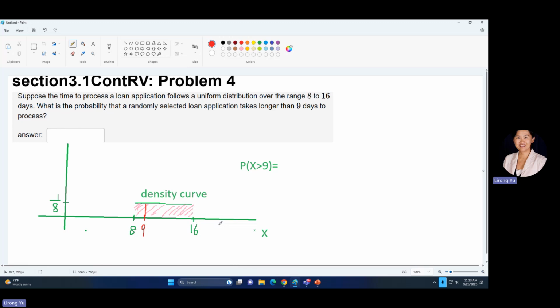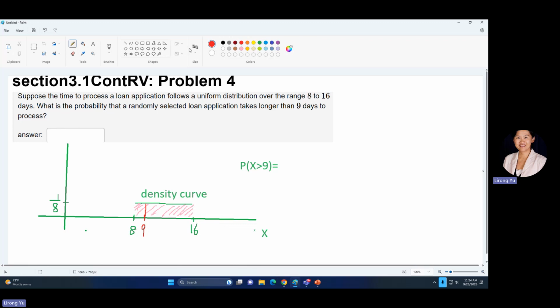So you're like, oh, very likely it's going to be more than 9 days, right? To be exactly 8 days or a little over 8 days, you've got to be really lucky to be less than 9. So to be higher than 9, the area below the curve higher than 9 is a big portion of what's going on. So the calculation of that is actually a division.